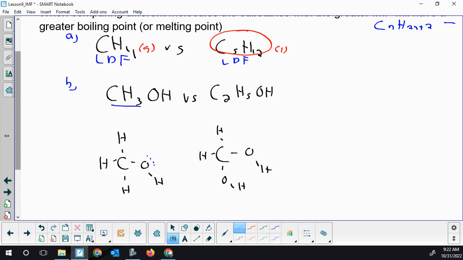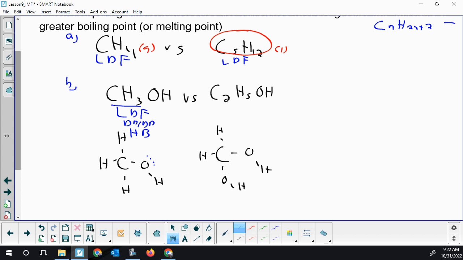And it would help if you realize there's a lone pair that gives that bent shape. And so we have one of those O to H's, which is hydrogen bonding. So this is all the forces: London dispersion forces, dipole-dipole, and H bonding.